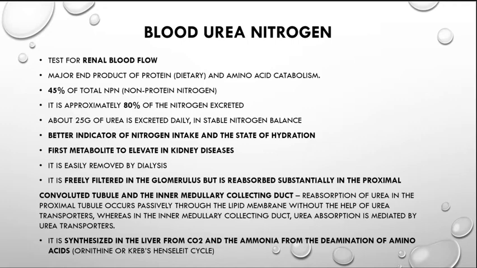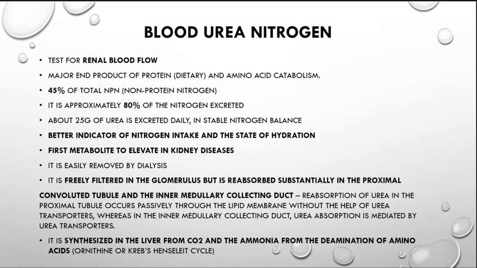BUN is a better indicator of nitrogen intake and the state of hydration. It is the first metabolite to elevate in kidney diseases. Take note, BUN is the first metabolite to elevate in kidney diseases.